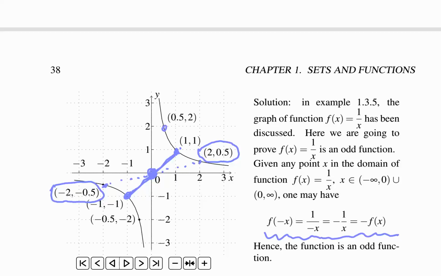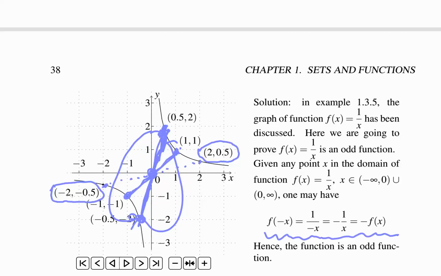So are the cases for this point and this point. When you connect those 2 points, the line goes through the origin, and this distance equals this distance. So then when you rotate this line 180 degrees, you will see this point actually goes here, and this point actually goes here.